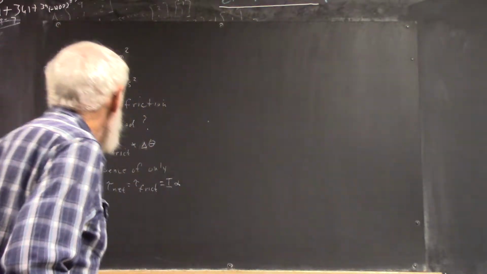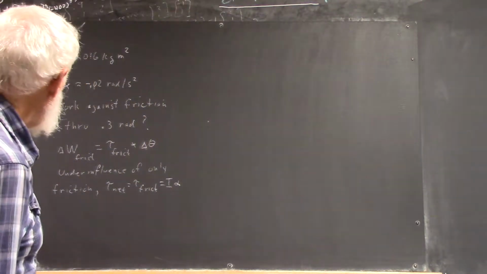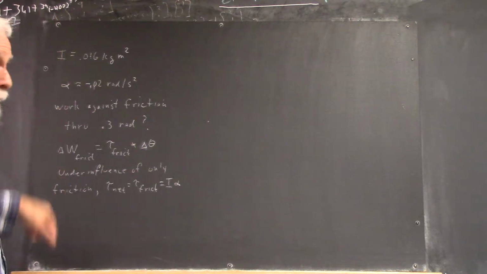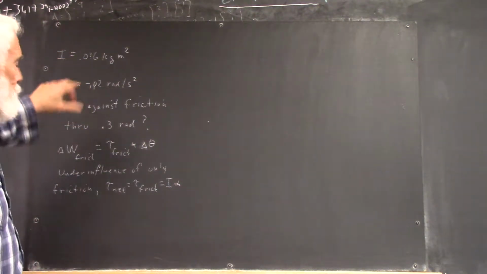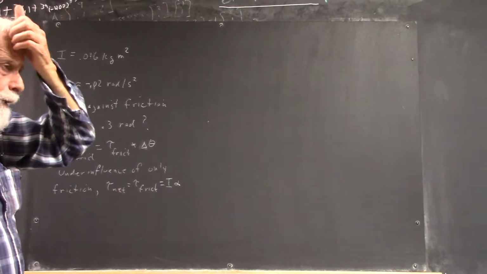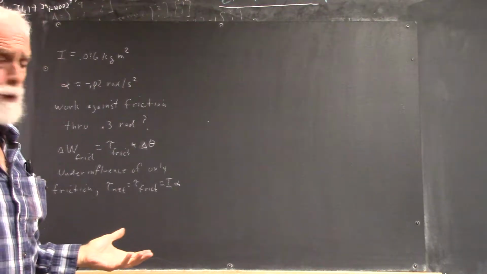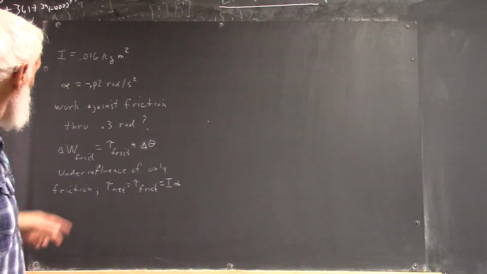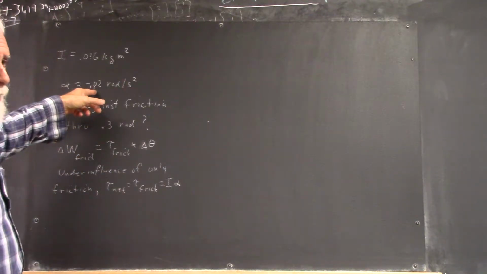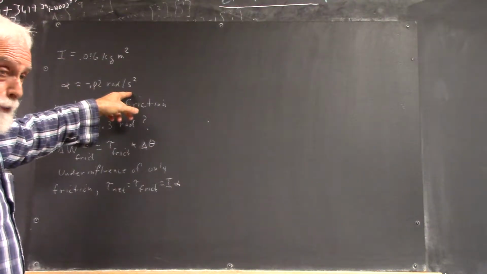progressively after the collision. Now, if we want to correct for the work against friction, well, here's your moment of inertia. I'm not sure what the angular acceleration is, although one of the first things we did in the first week was calculate the angular acceleration of a rotating beam. But let's just say it's negative 0.02 radians per second squared.